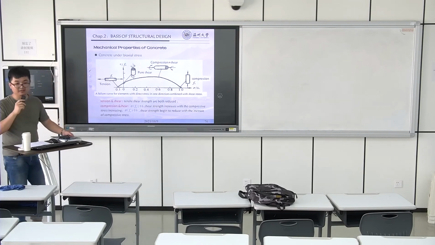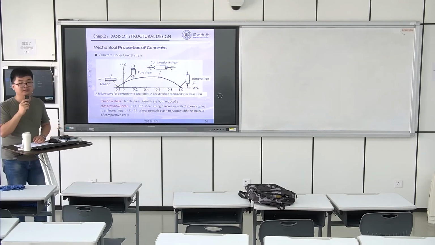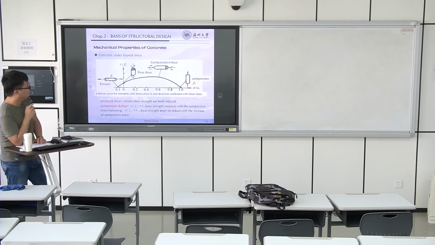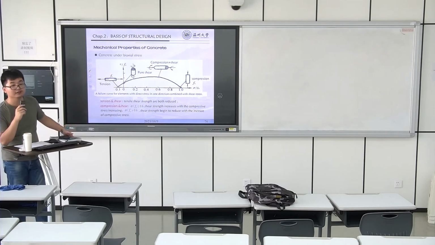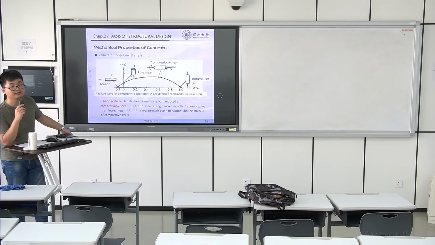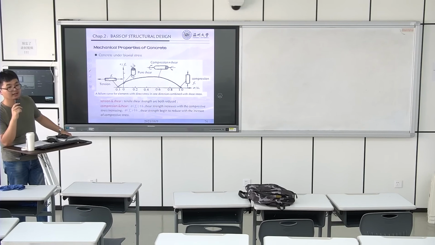Here it may be complicated for you, but you can just use this curve or this basic unit knowledge. Combining these things together, they can explain some phenomena that we see in our life.